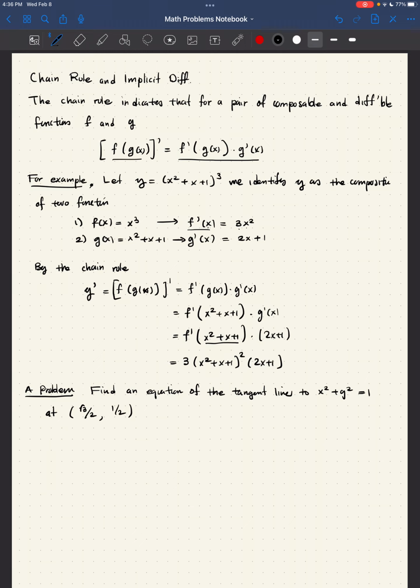So, first thing, note that indeed, if I make the replacement, this results in 3 divided by 4 plus 1 divided by 4, which is 1. So the point is on the curve.